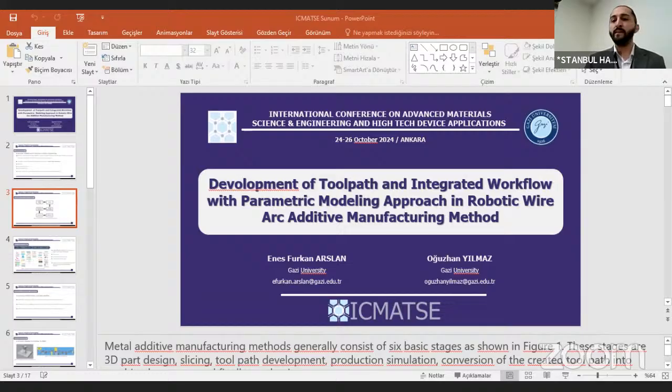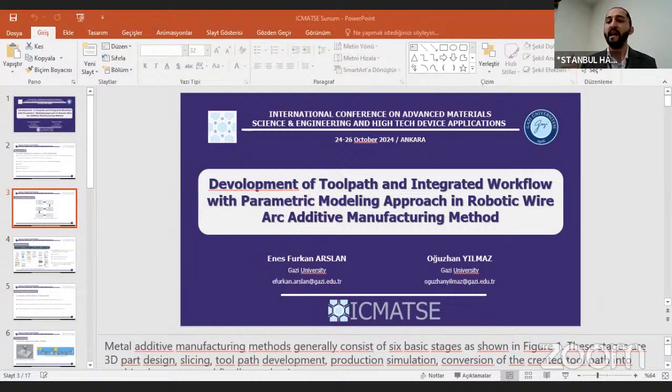And then for the industrial robots, we used the KUKA PRC plugin developed for Grasshopper as a post-processor. This plugin enables the conversion of the parametrically generated toolpaths into robot commands and the simulation of the robot's movements during the production.